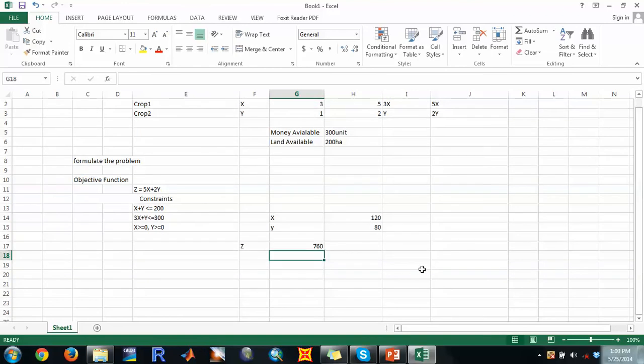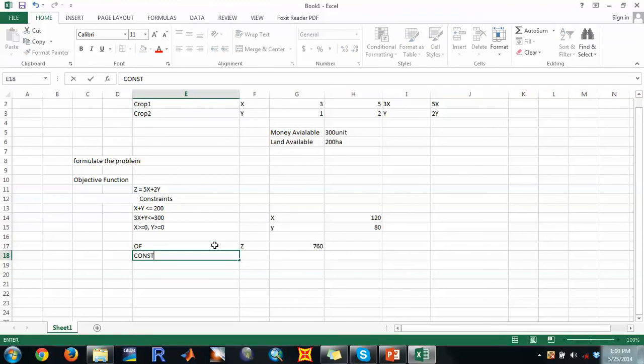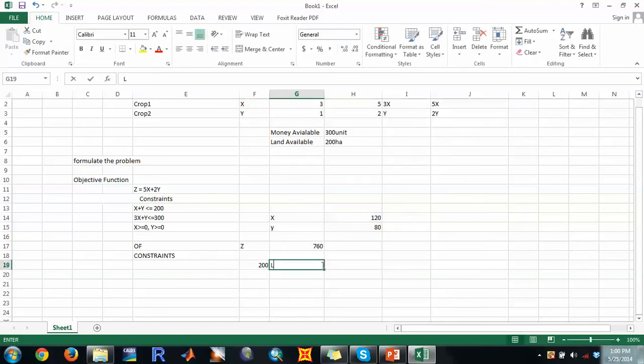So this is the objective function, and then the constraints. The first constraint is that x plus y should be less than or equal to 200.